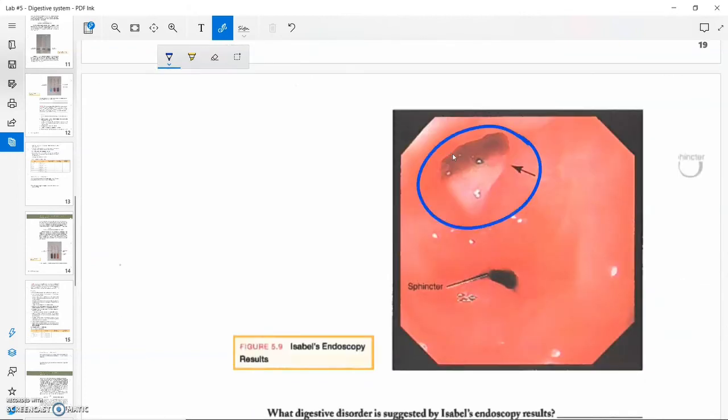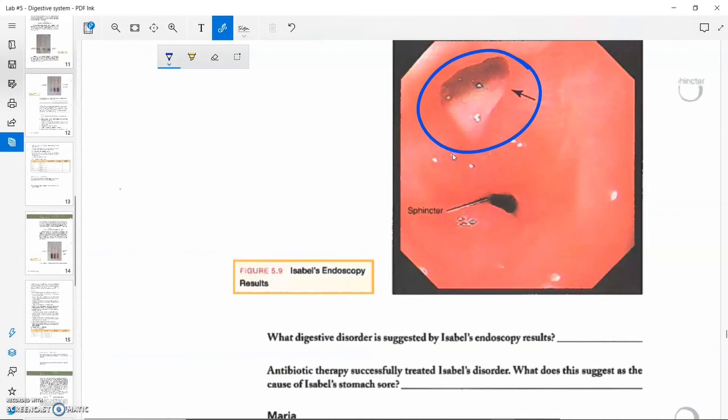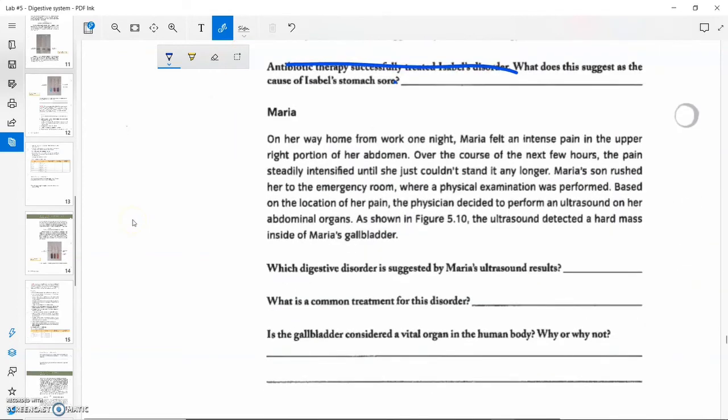This is a peptic ulcer, ulceration of the stomach. Antibiotic therapy successfully treated the disorder. The cause of Isabel's stomach sore is a microorganism called Helicobacter pylori.